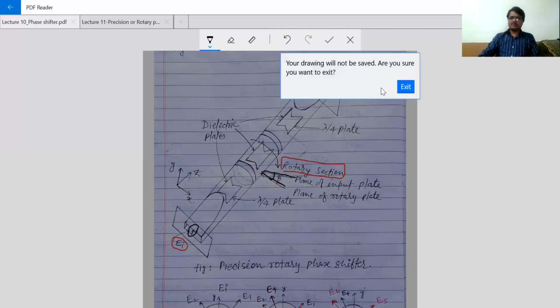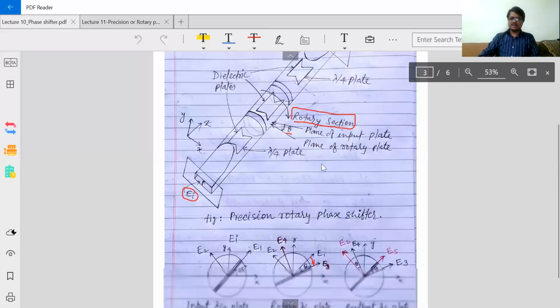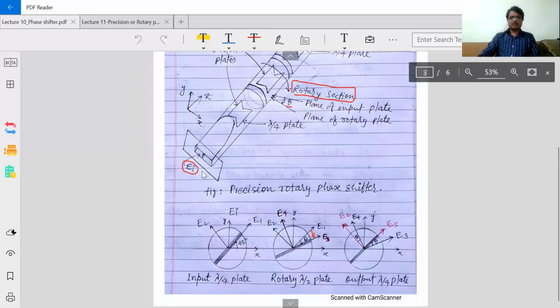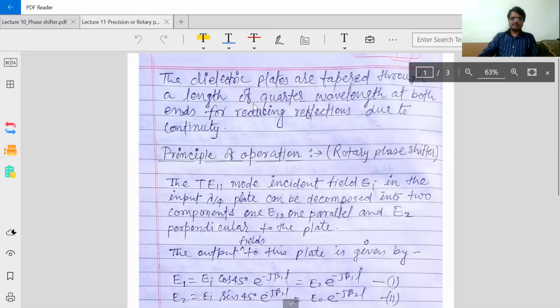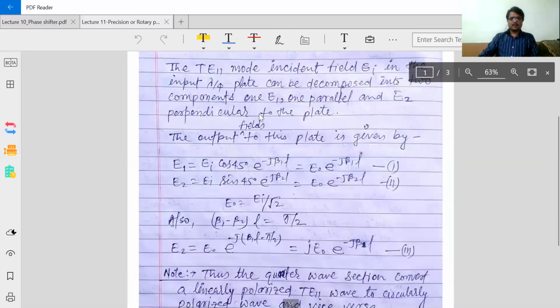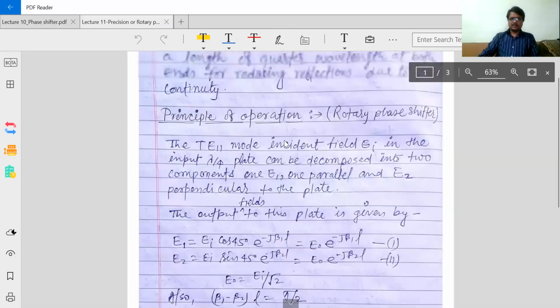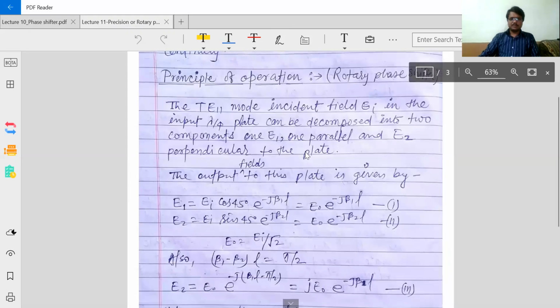So it is very simple. But what is its mathematics? We have also watched this diagram, and with the help of this diagram we will continue to the mathematical model, the mathematical operation or principle of operation.